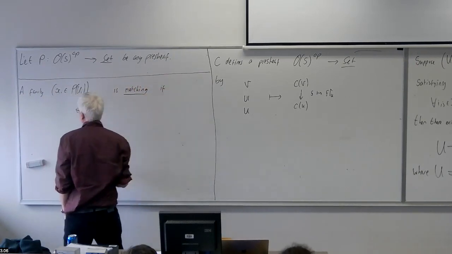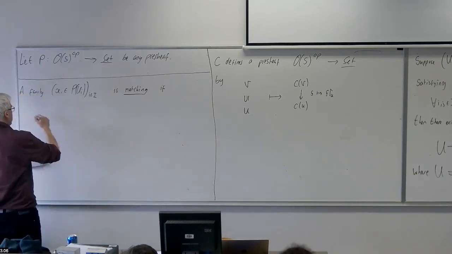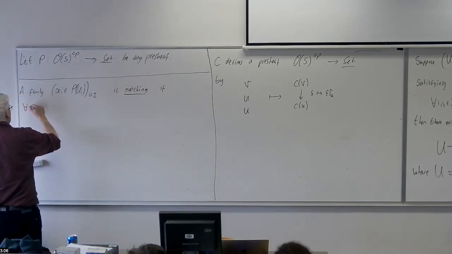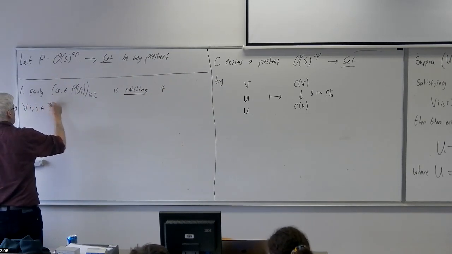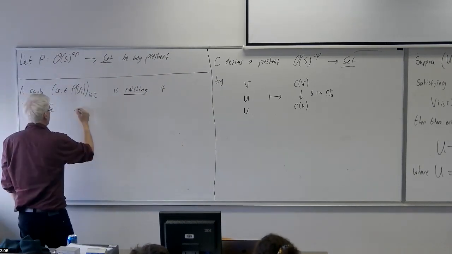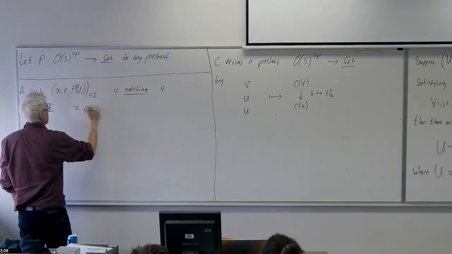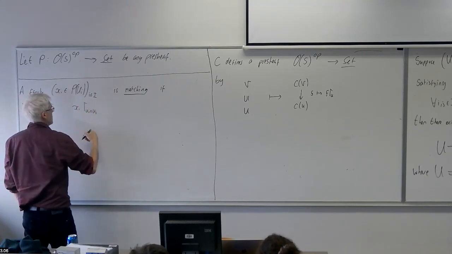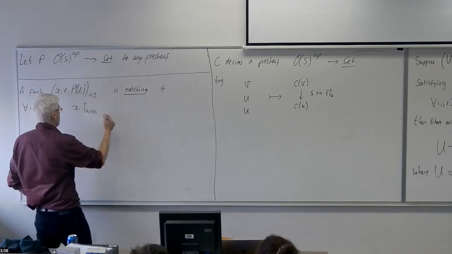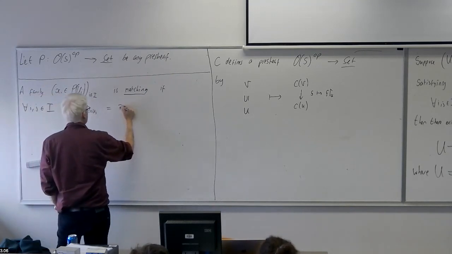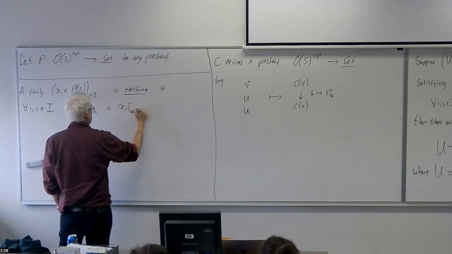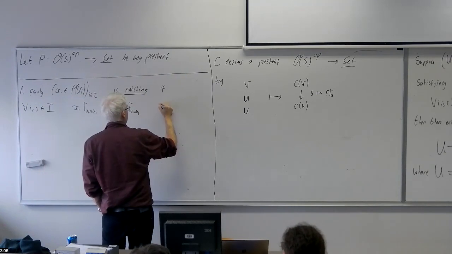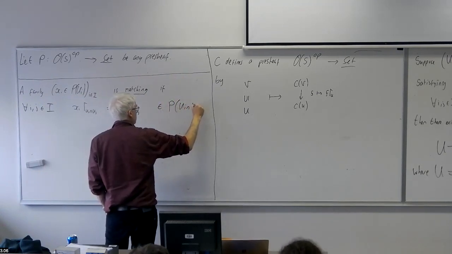if, basically the same property we had before: for all i, j in the index set, if we consider xi and restrict it to the intersection of Ui and Uj, that's the same thing as xj restricted to the intersection of Ui and Uj. These are both elements of P of Ui intersect Uj.